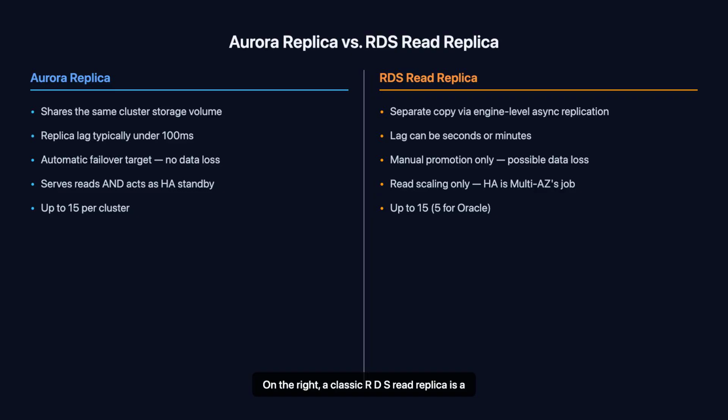On the right, a classic RDS read replica is a separate copy fed by engine-level asynchronous replication. Its lag can stretch to seconds or minutes, promotion is manual with possible data loss, and it only scales reads, availability stays multi-AZ's job. Same word, replica, very different machinery underneath.